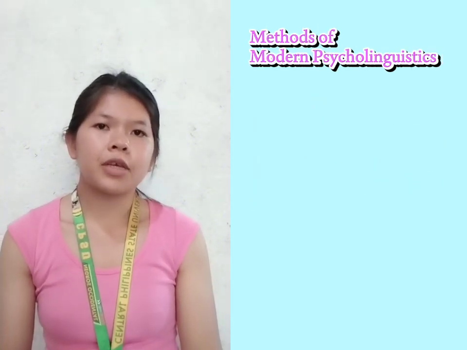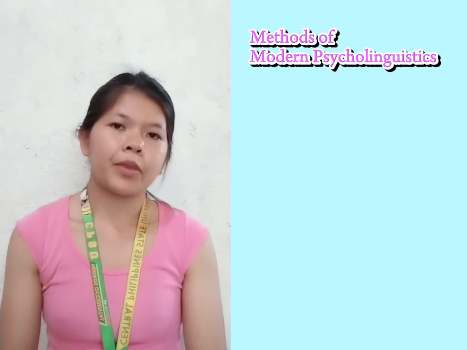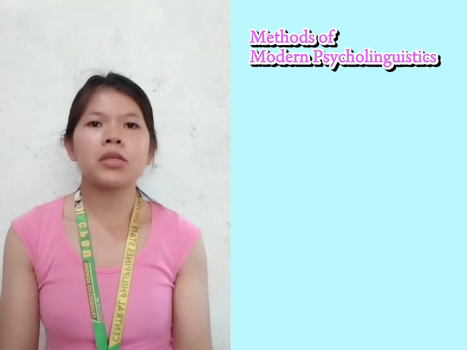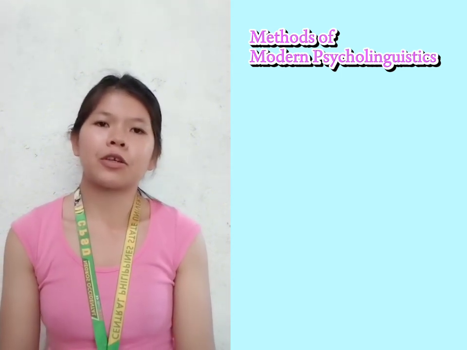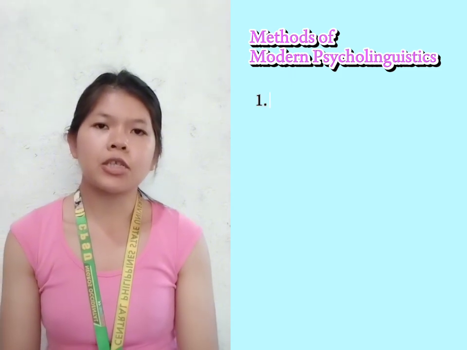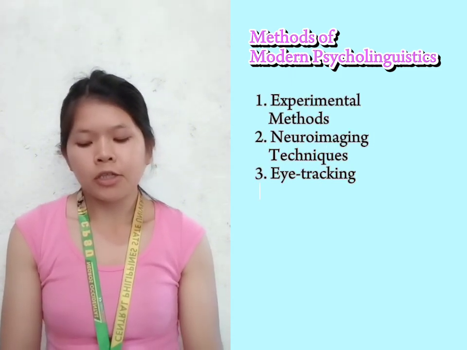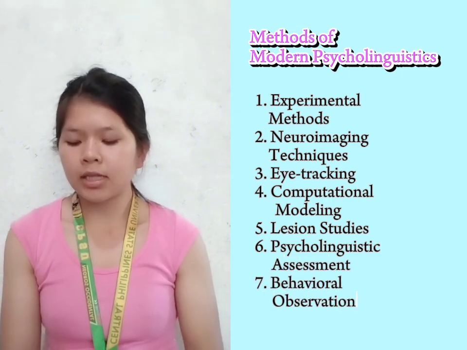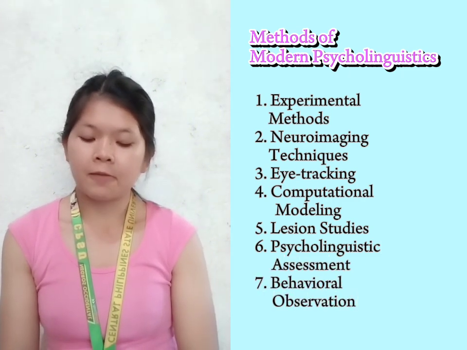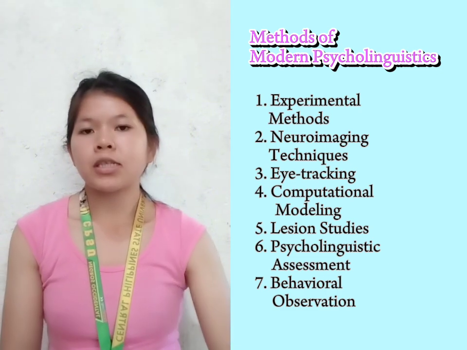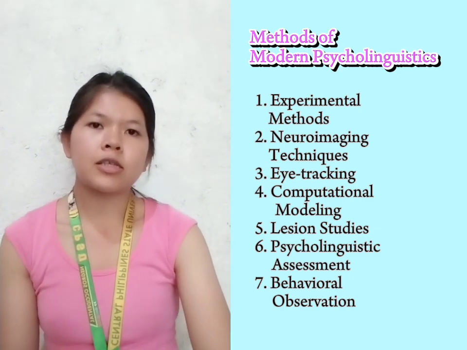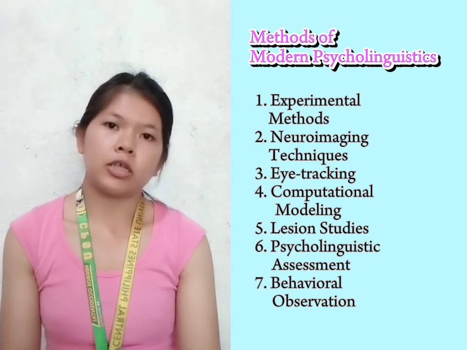Now we are on the methods of modern psycholinguistics. Psycholinguists, the people who study modern psycholinguistics, use various research methods such as experimental methods, neuroimaging techniques, eye tracking, computational modeling, lesion studies, psycholinguistic assessment, and behavioral observation to investigate how language is processed in the brain and how it influences our thoughts, our behavior, and our social interaction.